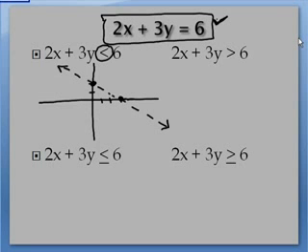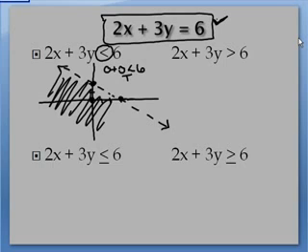So what we're going to do is take a test point. Let's take the point 0, 0. If I plug 0, 0 into this inequality, 2 times 0 is 0, 3 times 0 is 0, and I want to know, is 0 less than 6? Yes, it is. That's a true statement. So that means we shade on the same side that point was on. So we're shading here.